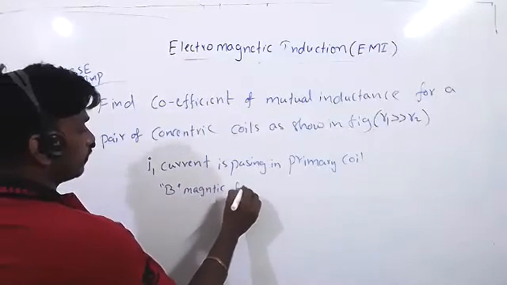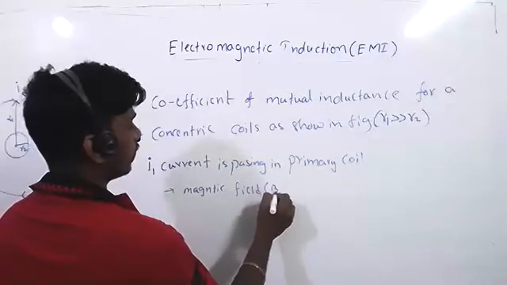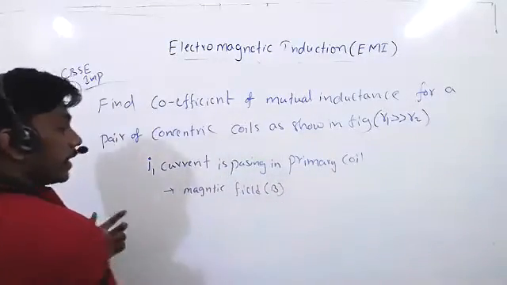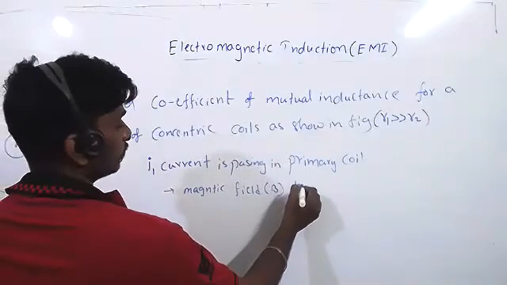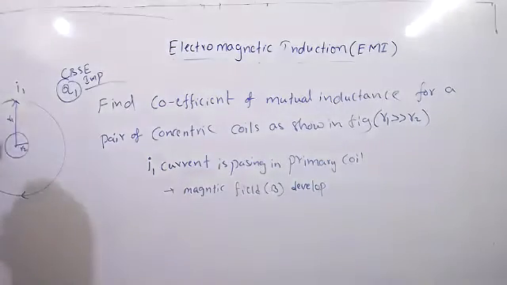Magnetic field B develops. When current is passing through this coil, a magnetic field will be there at the center of the coil.